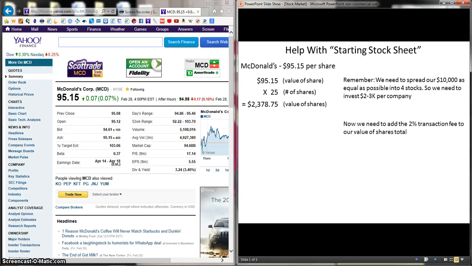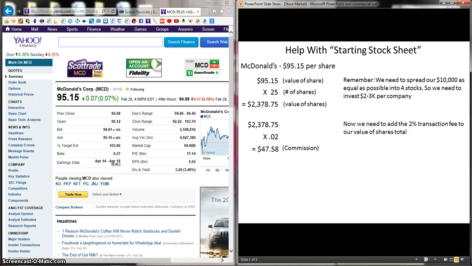But now we need to calculate our 2% transaction fee, or commission. So if we take our value of shares, if we bought the 25 shares, the $2,378.75, and we multiply it by 0.02, that will give us a total commission of $47.58.